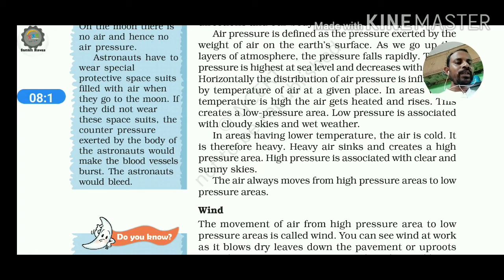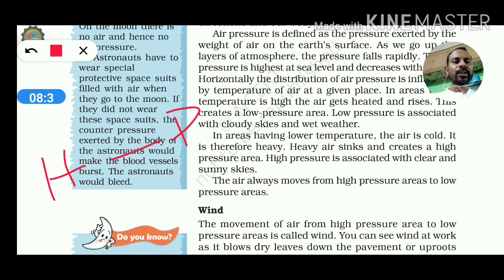The air always moves from high pressure to low pressure areas, and we have to keep it in mind. HP means high pressure, LP means low pressure. From HP to LP, winds blow or air moves.